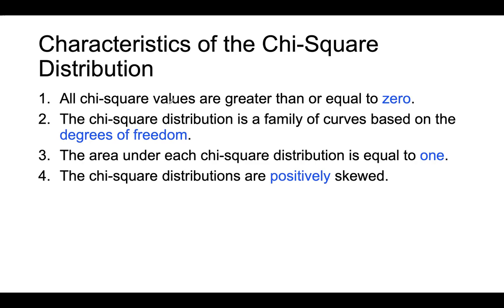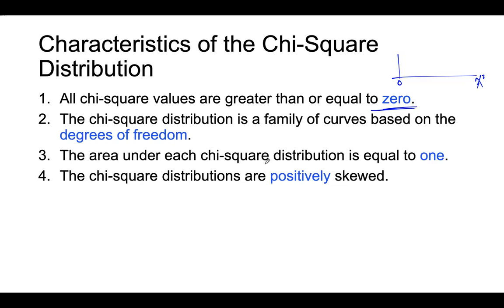So, characteristics of the chi-square distribution. All chi-square values are greater than or equal to 0. That is where it begins. It's a little bit different from the Z and T distributions. The chi-square distribution is a family of curves based on the degrees of freedom.